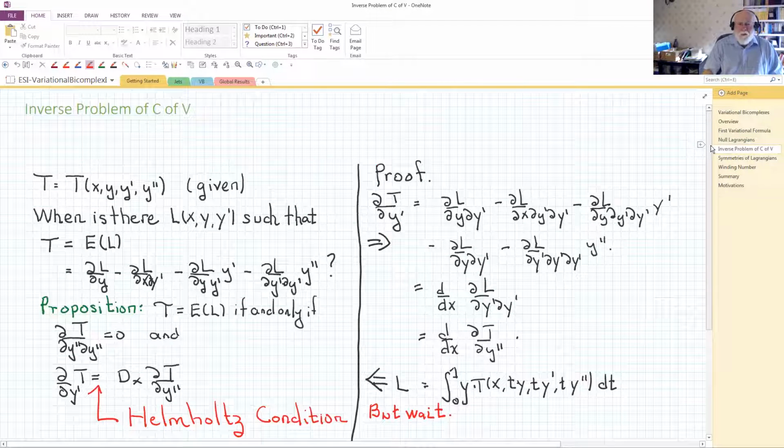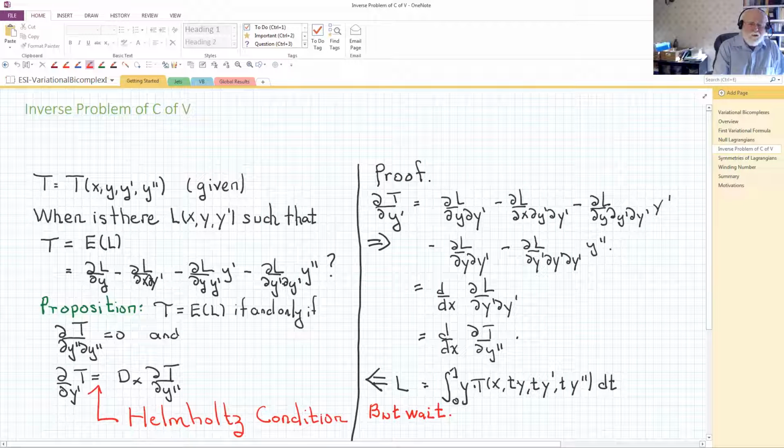Okay. The next thing I'd like to talk about a little bit is what's called the inverse problem in the calculus of variations. This problem was first studied by the mathematical physicist Helmholtz back in the 1880s, and he asked the following basic question. Suppose we have a second order differential expression, so some formula involving x, y, y prime, and y double prime.